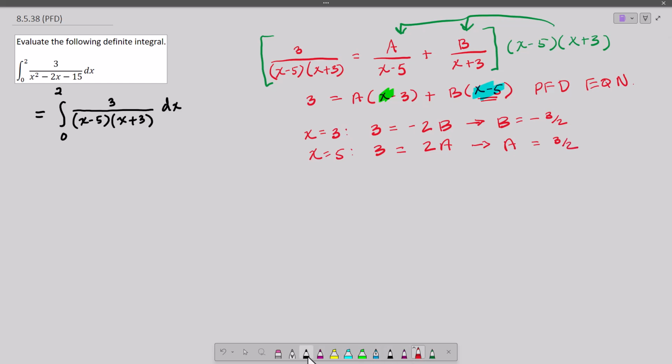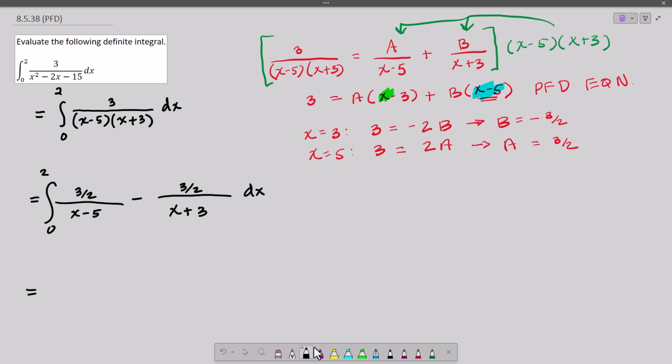That allows us to rewrite our integral as follows. We're going to have a, which is 3/2 divided by x minus 5, and then minus 3/2 over x plus 3 dx.